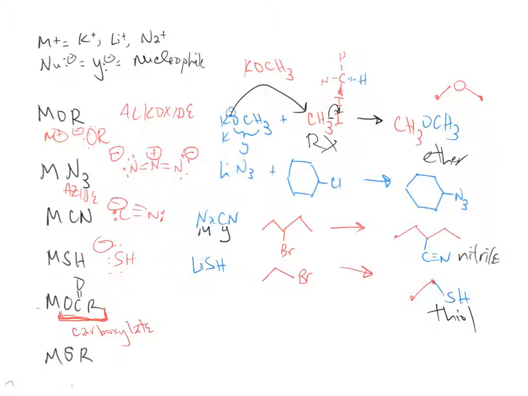What part of that is going to be the nucleophile that does the attacking? What's the oxygen? By the way, that right there is potassium acetate. It's also called potassium ethanoate, but most people call it acetate.